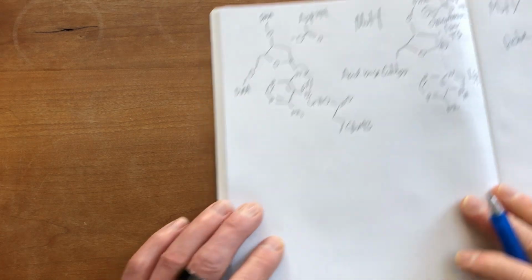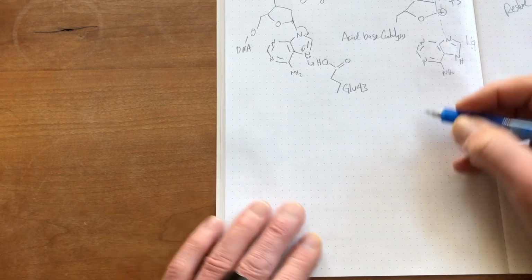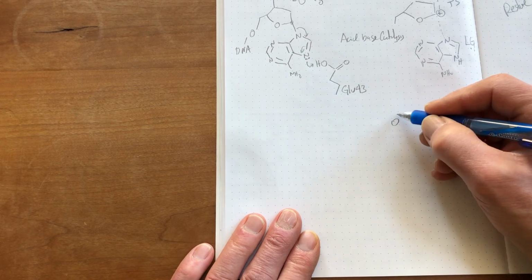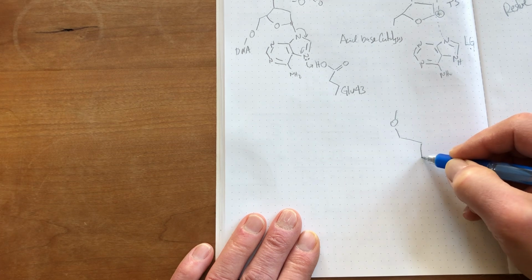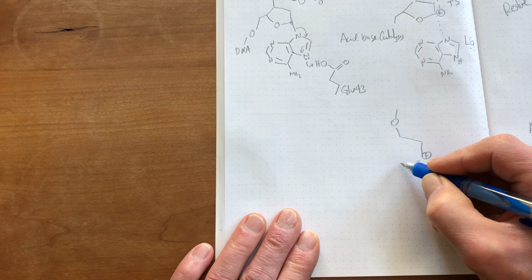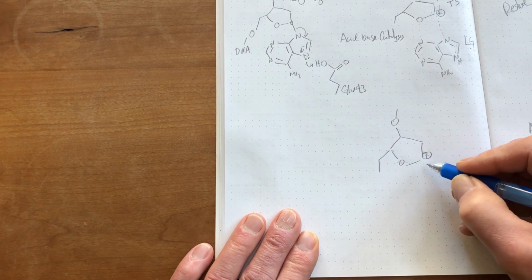Okay, so we're now going to picture the leaving group diffusing out of the active site, and we're going to bring in the substrate for this reaction. Draw out the transition state again here.